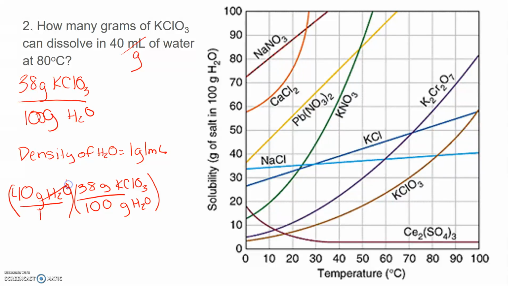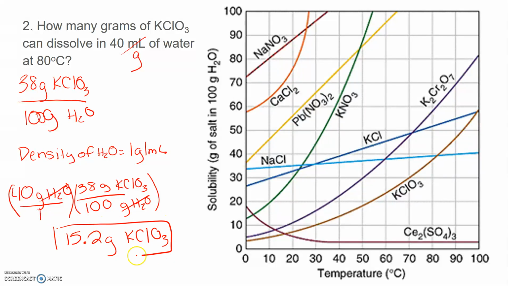We have grams of H2O on top, grams of H2O on bottom, so those cancel. So we'll take our 40 times 38 divided by 100 and find that we can dissolve 15.2 grams of KClO3.